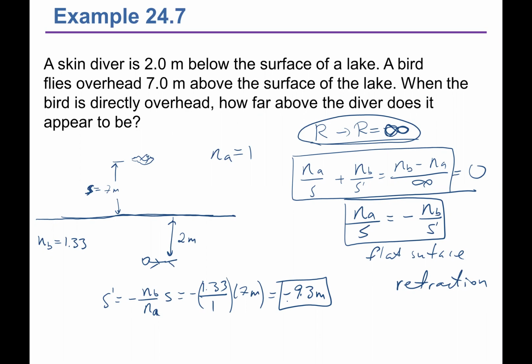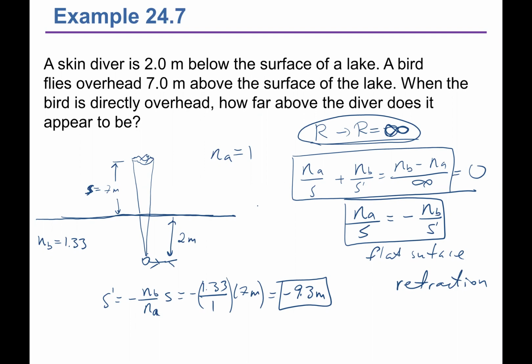Because remember, the idea here is when the light comes in from the bird, it refracts into the water so that the observer can see. Remember, it has to deflect, it has to change the direction toward the normal, right? Because it goes from lower index of refraction to higher index of refraction. That means it bends toward the normal and it reaches the eye of the observer.